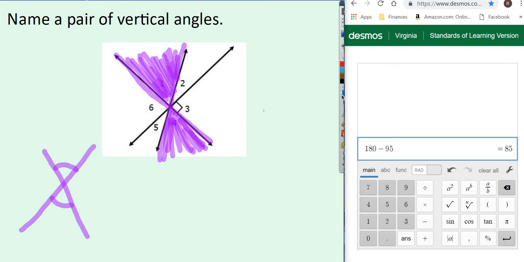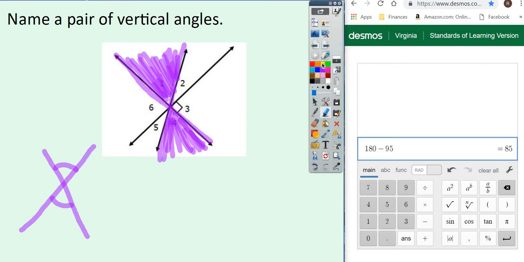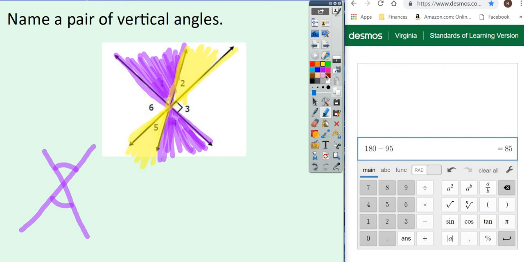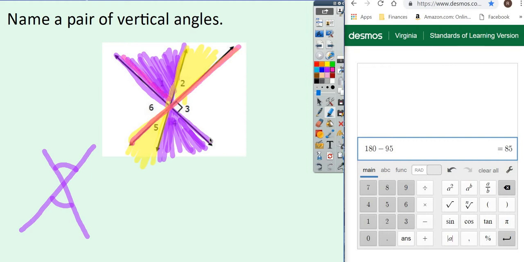I'm going to come over here and try to choose a different color highlighter, and I'm going to do another pair. Let's go ahead and crisscross this. So I know that angle 5 is exactly the same as angle 2. Notice I'm making those X's, and then finally I'm going to do the last set, which is here.